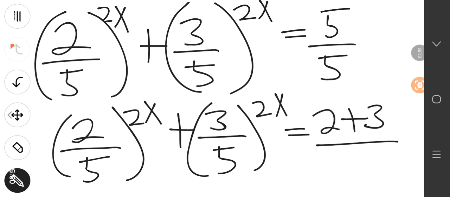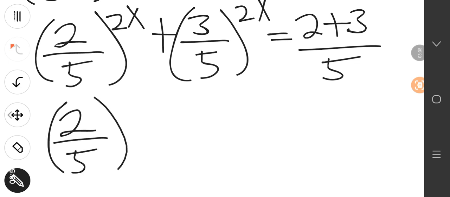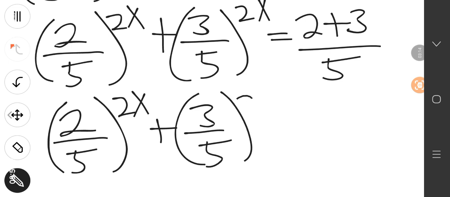So we have 2 plus 3 over 5. All right, so our equation becomes 2 over 5 exponent 2x plus 3 over 5 exponent 2x equals 2 plus 3 over 5.